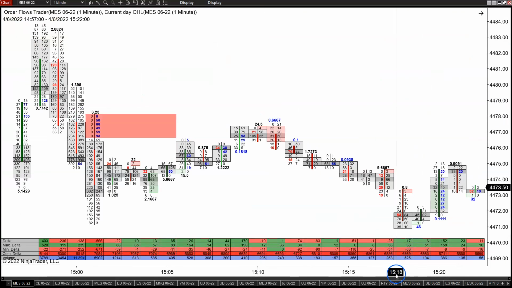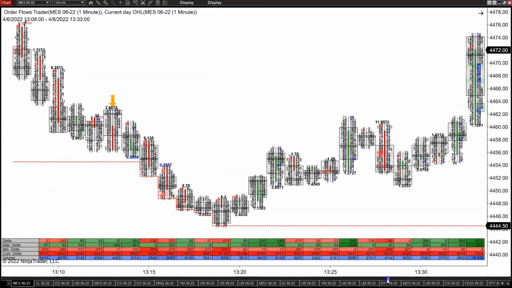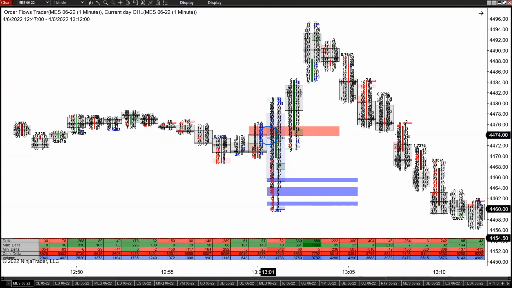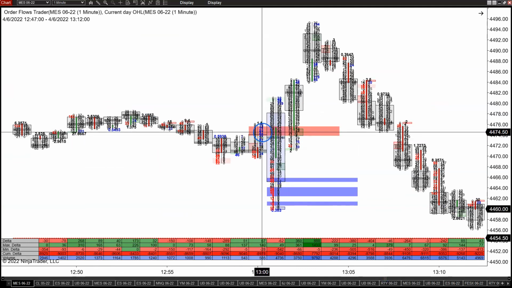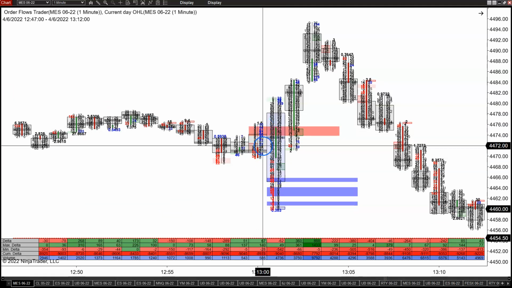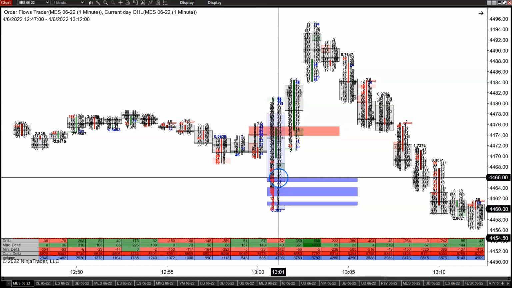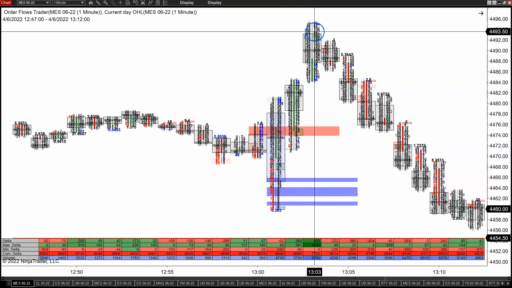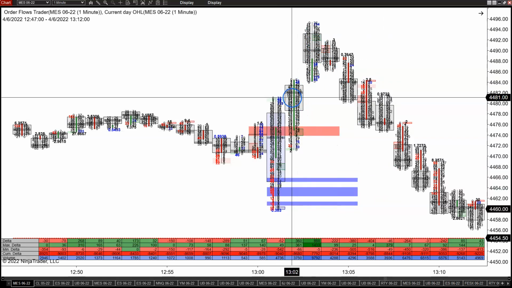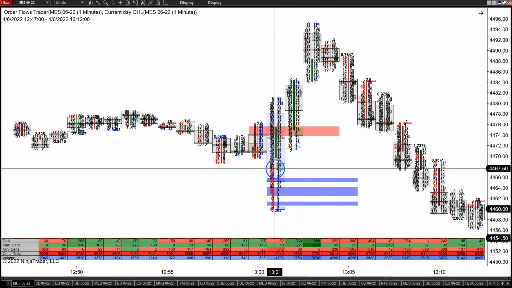Let me see if there was any more during the regular session. Well, there was this one right off the FOMC, right? The knee-jerk reaction up, knee-jerk reaction down, and market went back up, right? Eventually it did come back down, but again, doesn't look like much of a move.